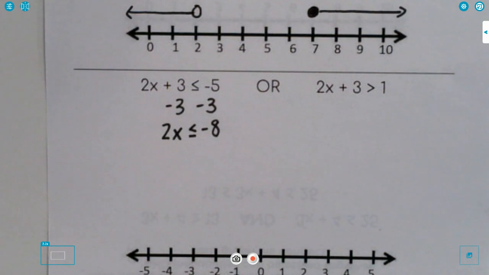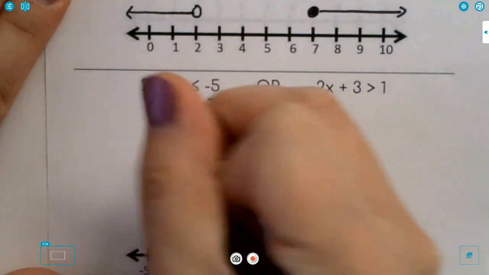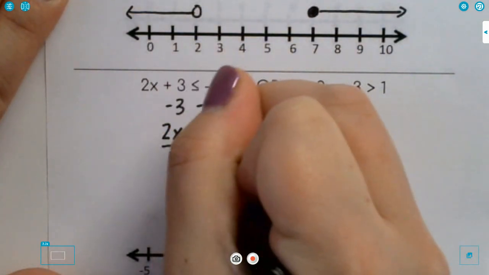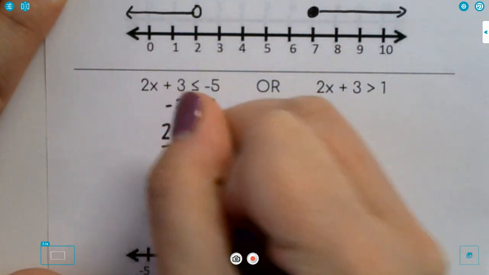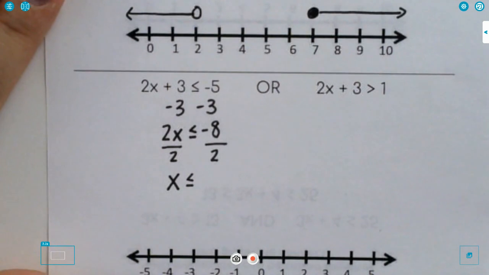Then from there, I'll divide both sides by 2. And I'll get x is less than or equal to negative 4.